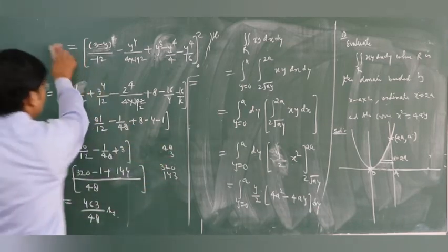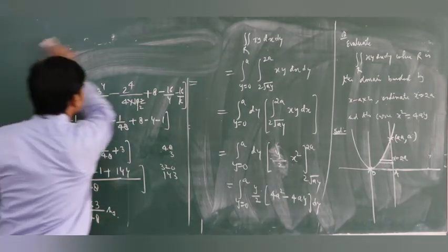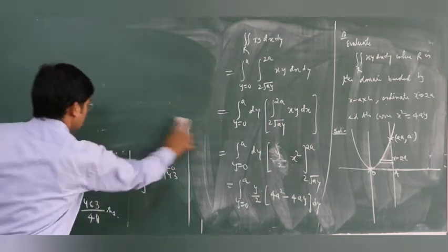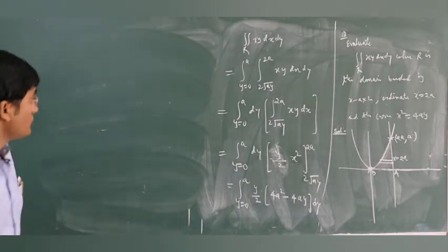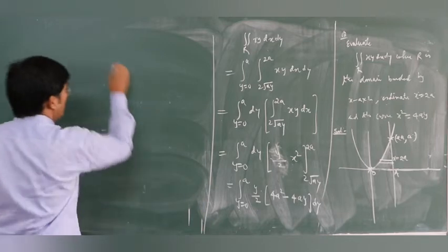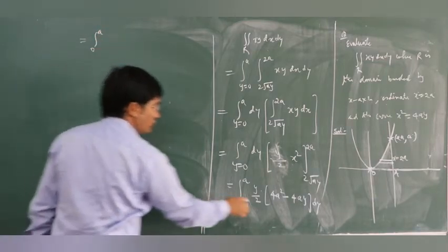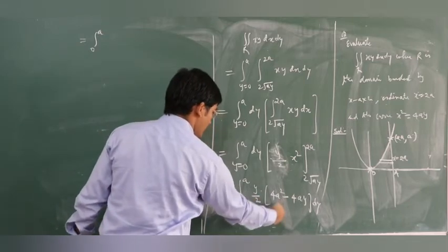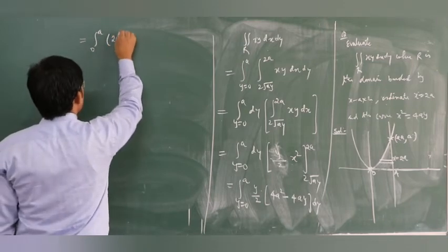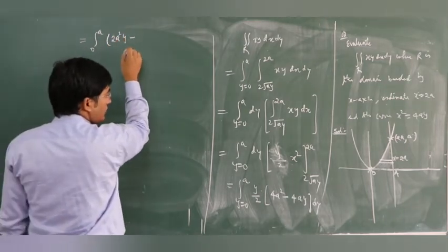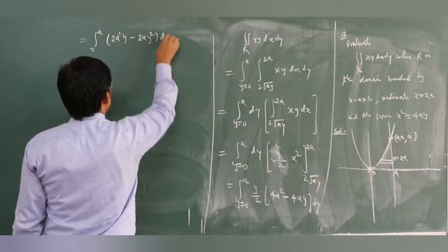So this is equal to the integral from 0 to a. Just put this y inside the bracket and divide by 2. So in the bracket we will have 2a square y minus 2a y square, and then the integration with respect to y.